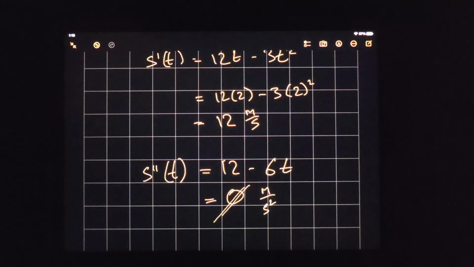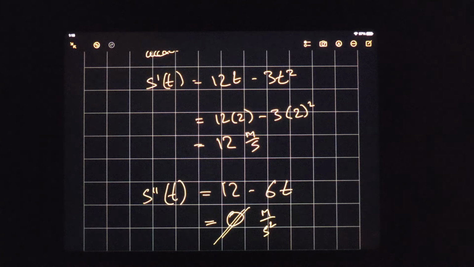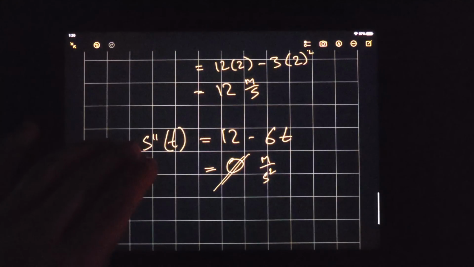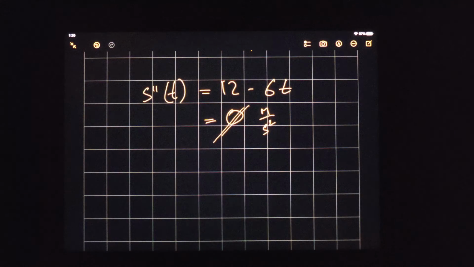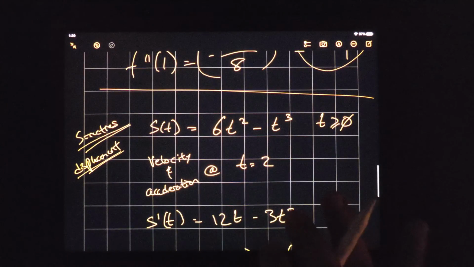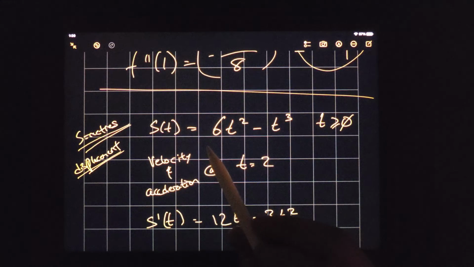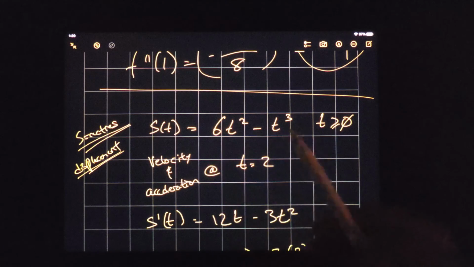So let's see what else we can do here with this word problem. We can ask ourselves questions like, let's see, what can you do with this? You can figure out at what time the object is at rest.